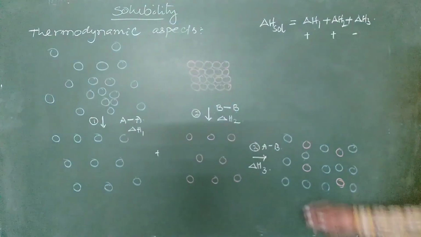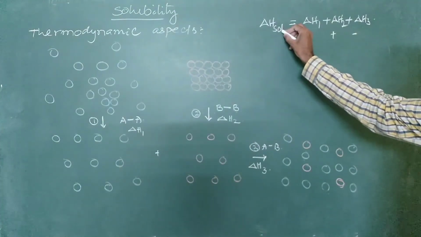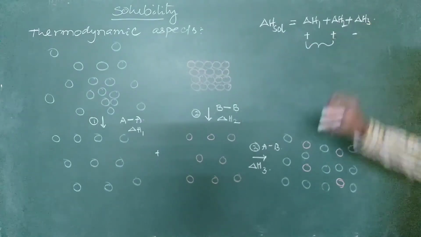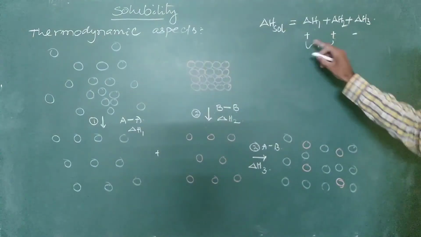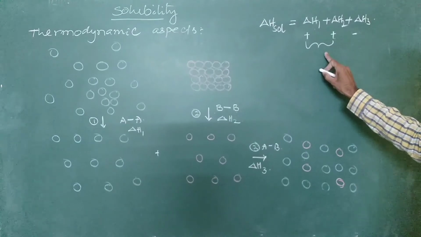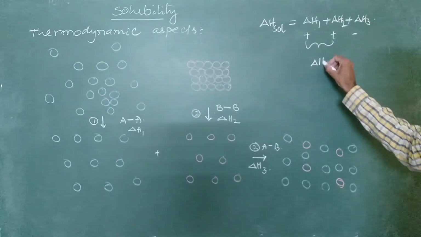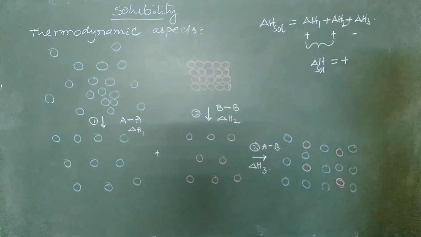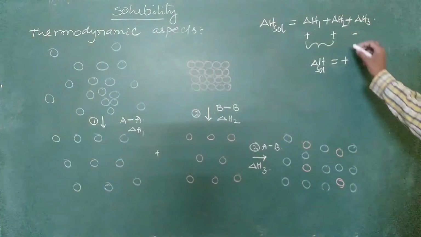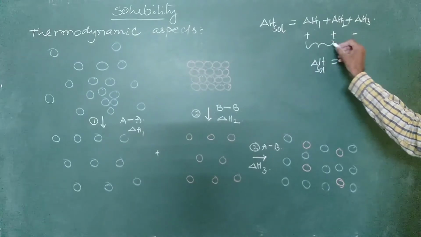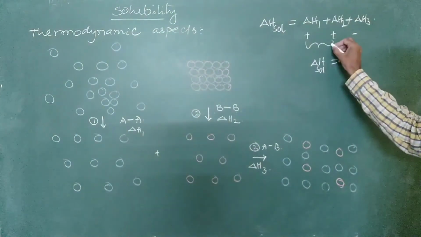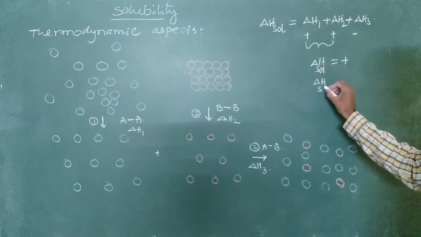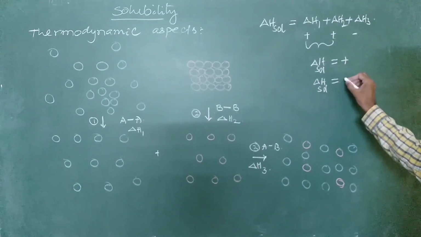So the enthalpy change of solution may be positive or negative. If the sum of these two values is more positive, then the enthalpy of solution is positive, and if the sum of the enthalpy changes in the first two steps is less than the third step, then the enthalpy change in the formation of the solution becomes negative.